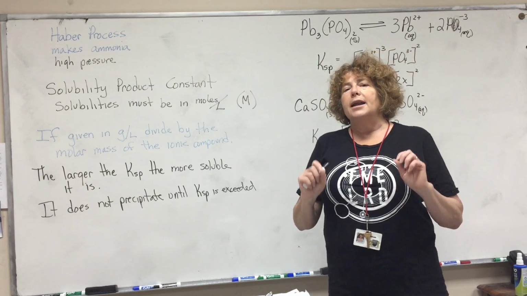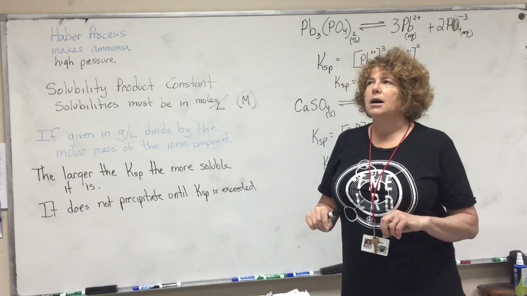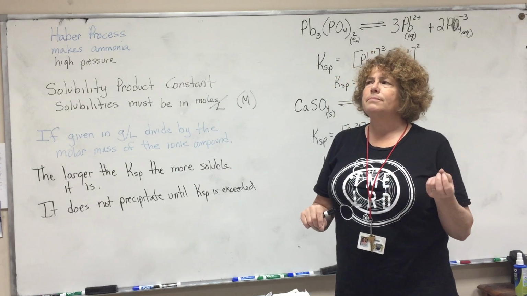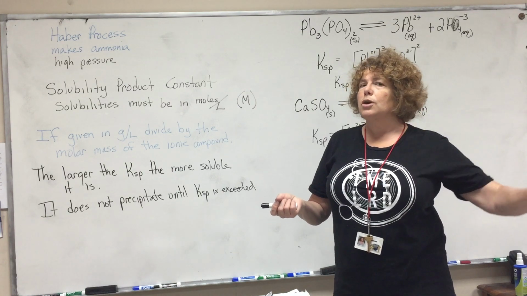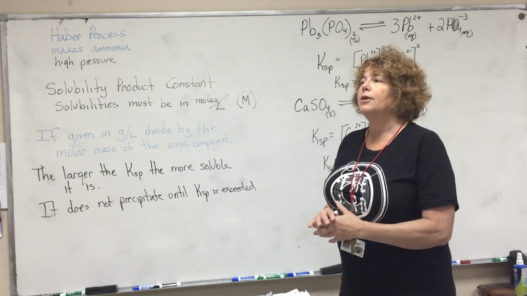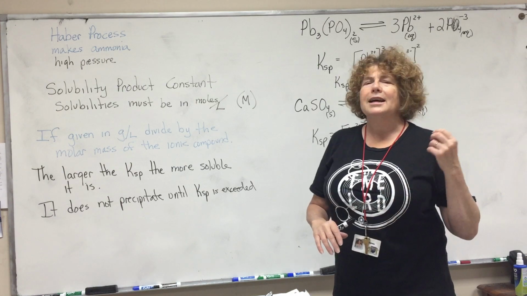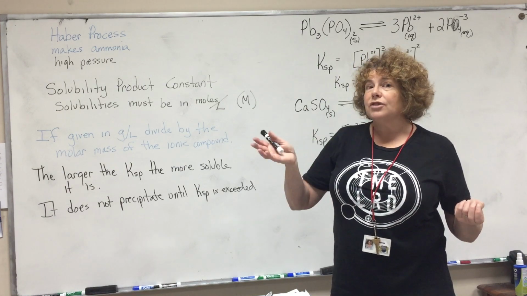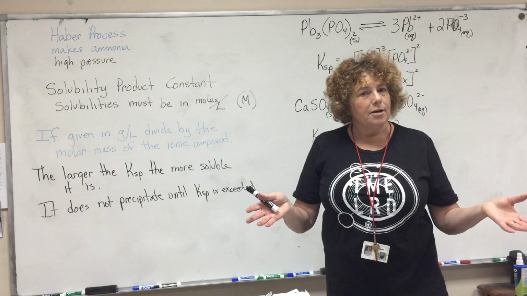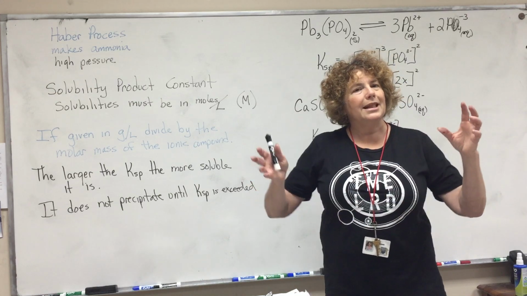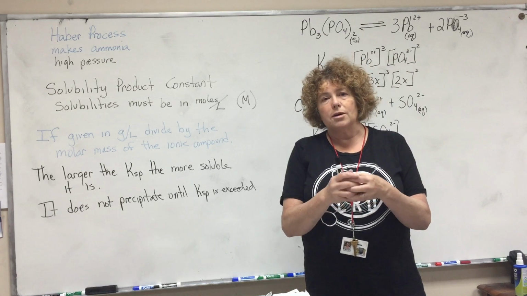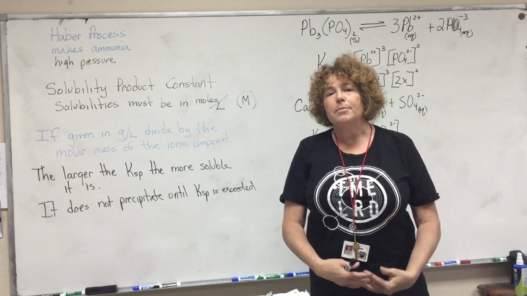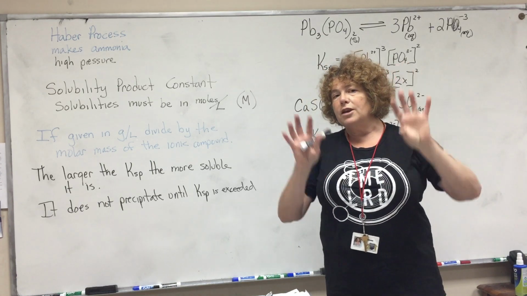Okay, but if you have, say, sodium sulfate, sodium's always soluble, sulfate might not always be, and then you have something like lead nitrate, that will be soluble because the nitrate's soluble, but when the lead hits the sulfate, it will form a precipitate.